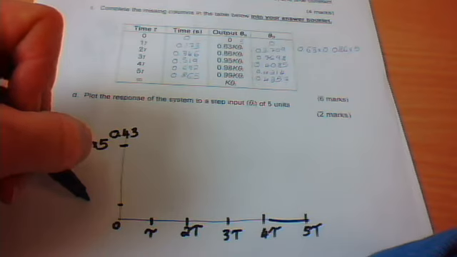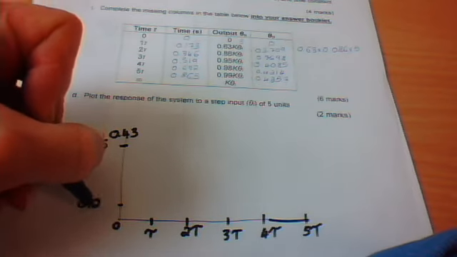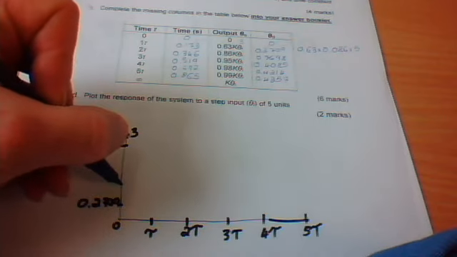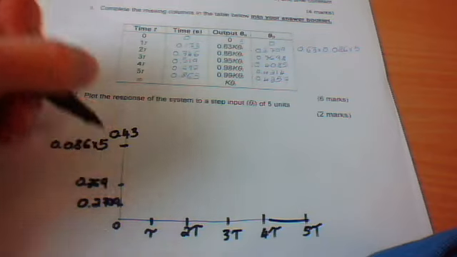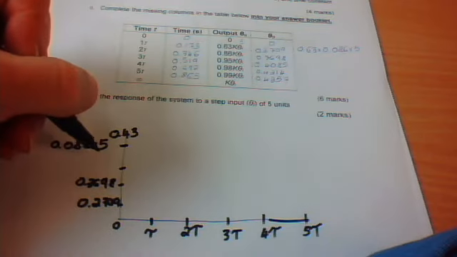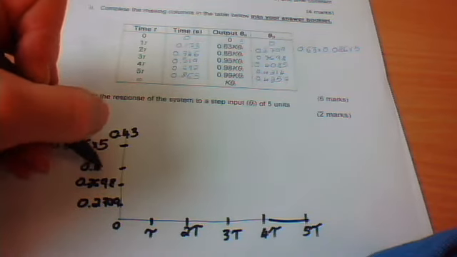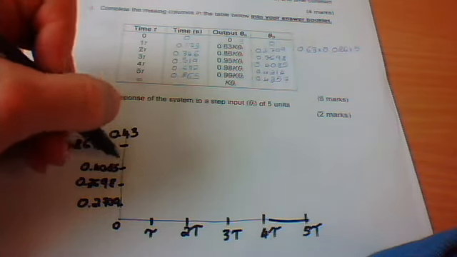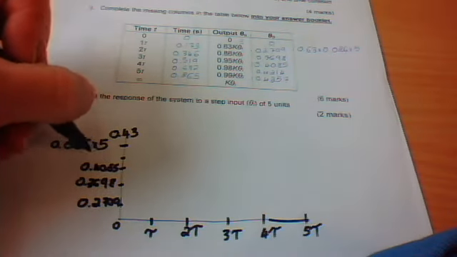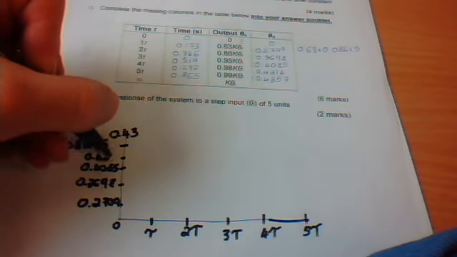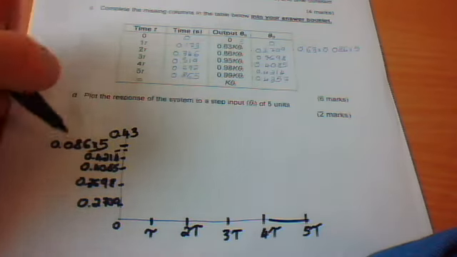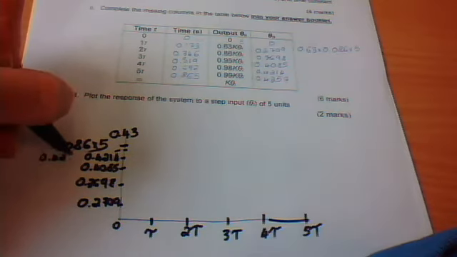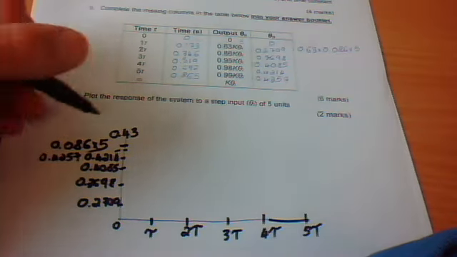So it would be output, which, looking at that table above, is 0.2709, 0.3698, 0.4085, getting a bit tight here, 0.4214, and 0.4257. Hopefully you'll do it a bit neater than me.